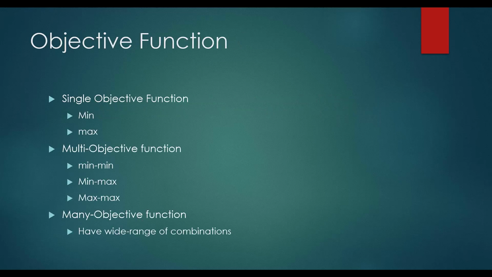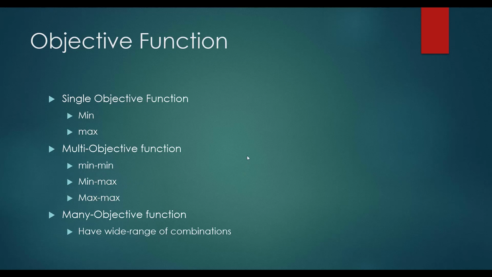If we consider the objective function, we have some classifications. Sometimes we have a single objective function, which could be minimization or maximization, or we may have to simultaneously solve two objectives, so we have a multi-objective function, for example minimization and maximization.